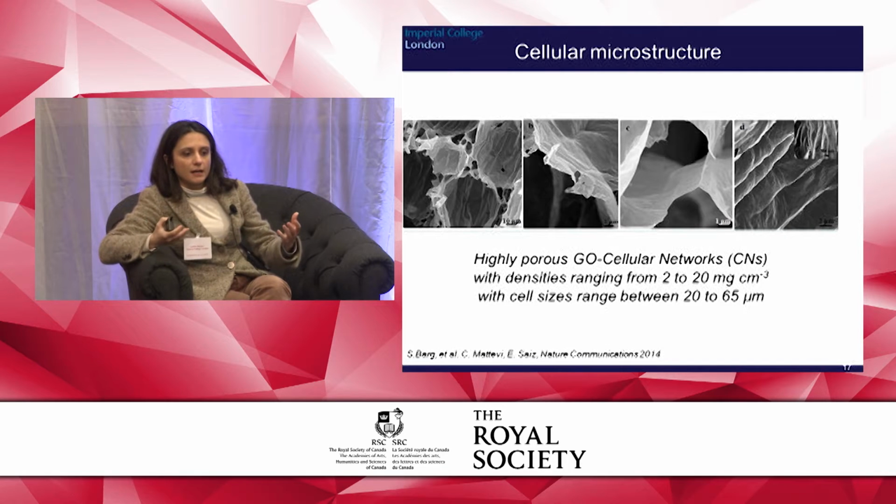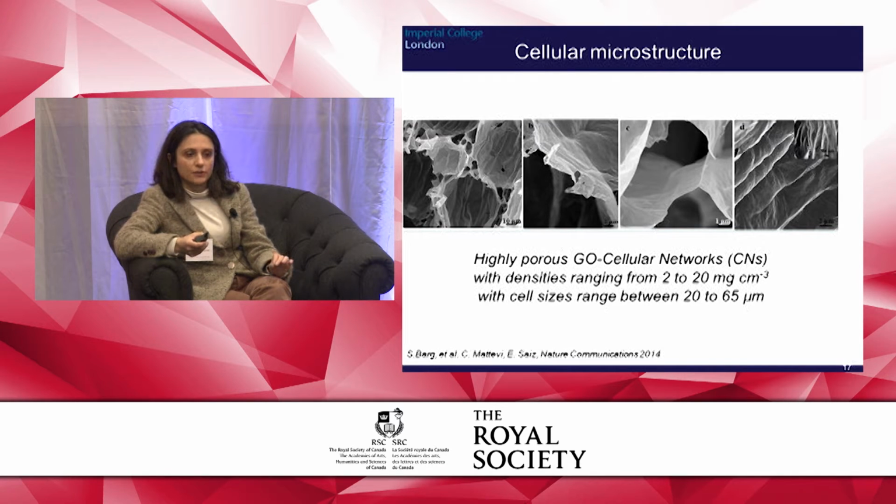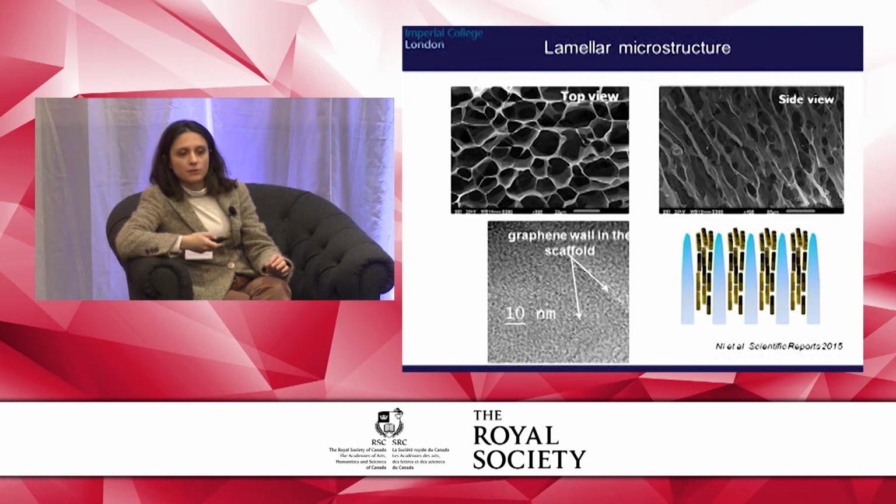So we can obtain structures which have a cellular microstructure, as we can see in this case, where the individual walls actually are formed by just 1 or 2 layers of graphene. Or we can obtain structures which are more what we call lamellar structures, so more elongated.